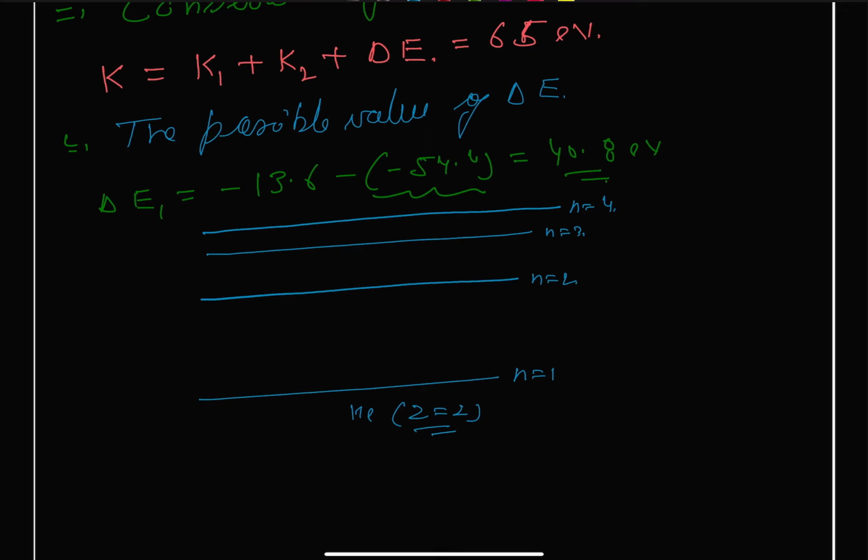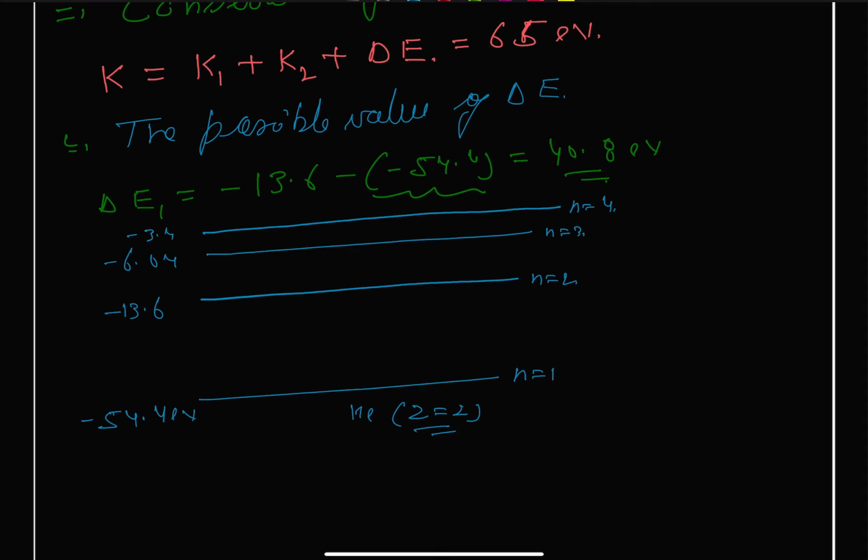So from here we get this value of minus 54.4 electron volt. For n equal to 2, this will be minus 13.6, this will be minus 6.04, and this will be minus 3.4.